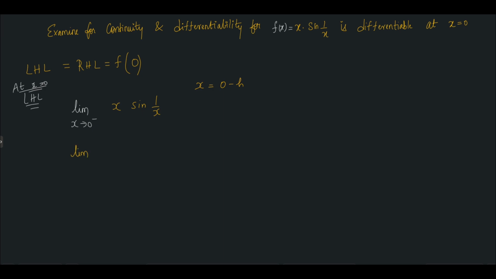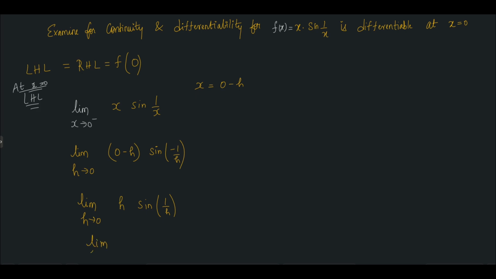So limit h approaches 0, 0 minus h into sine minus 1 by h. Sine of minus theta is minus sine theta. So we will get limit h approaches 0, h into sine 1 by h. Minus into minus positive. Right?